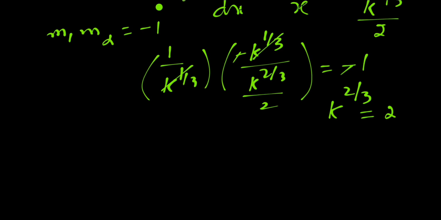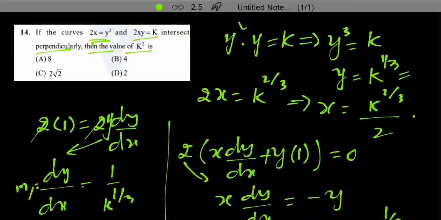Next we have to cube both sides. K square is equal to 2 power 3, that is nothing but 8. So the final answer is k square is equal to 8.